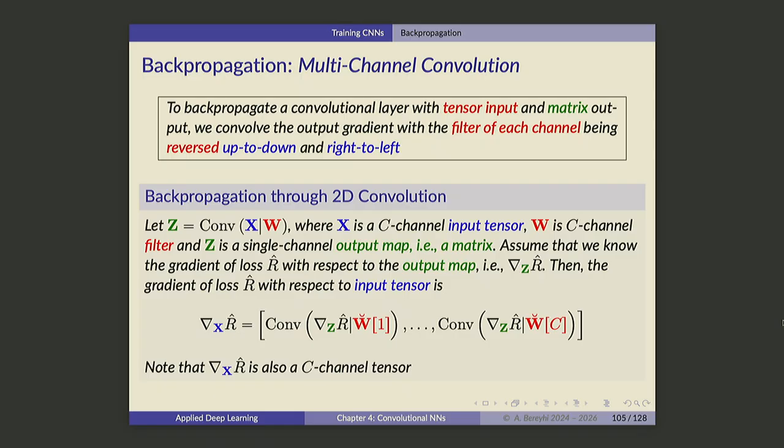You also do know that I need to do a reversion here, right? So it means that every channel in my filter, I'm going to do a top, left, right flip, right? Once I have this, now I want to use this stack of filters to build a C-channel gradient, right? The only way that you can do is that you get every single one of these channels and you convolve it with the output, right? This is going to give you a C-channel gradient at the input.